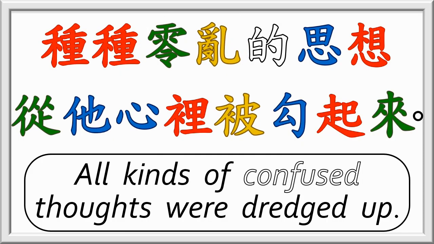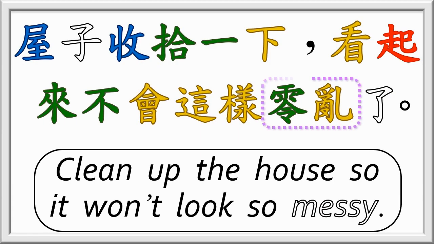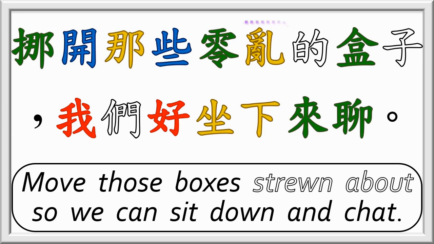All kinds of confused thoughts were dredged up. 屋子收拾一下，看起来不会这么凌乱了. Clean up the house so it won't look so messy. 挪开那些凌乱的盒子，我们好坐下来聊. Move those boxes strewn about so that we can sit down and chat.